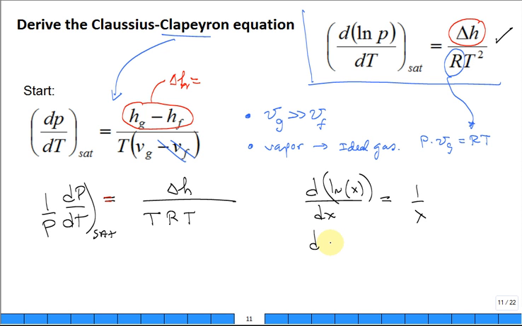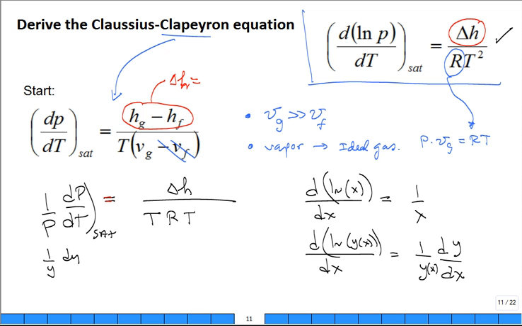The derivative of the natural log of y of x with respect to x. How about 1 over y dy dx? So what we do is we look at this and we say, this is 1 over y dy dx. That's nothing but the derivative of the natural log of y with respect to x.